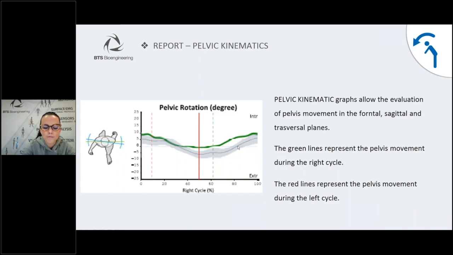During the swing phase, the pelvis again performs an internal rotation movement. Once we understand the normal pattern, it becomes automatic to evaluate how our patient is behaving.